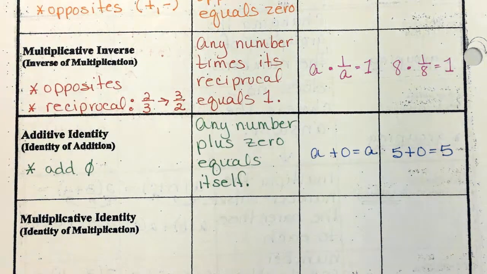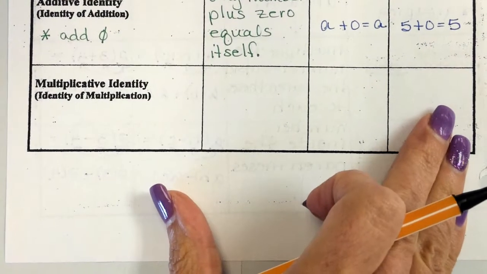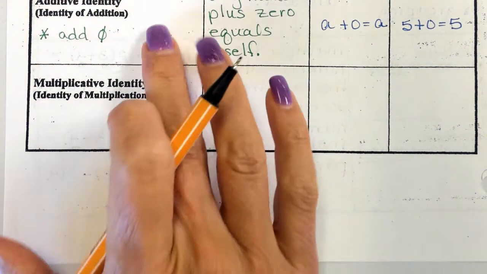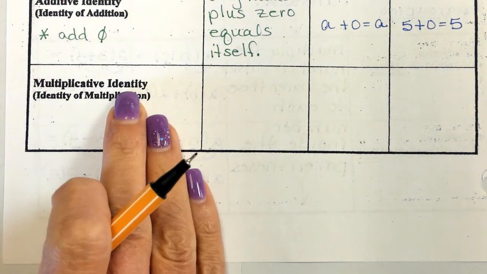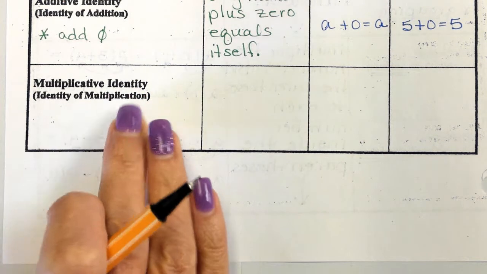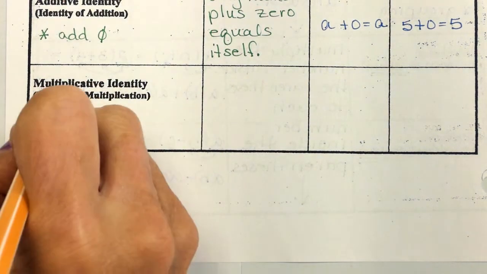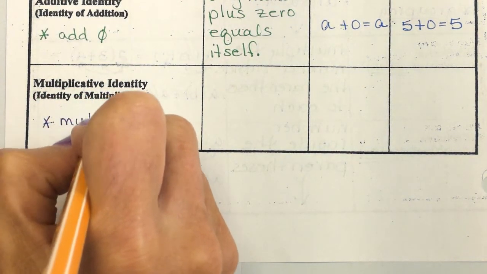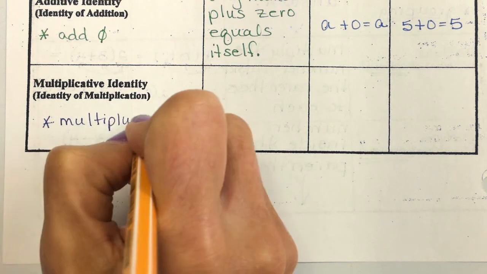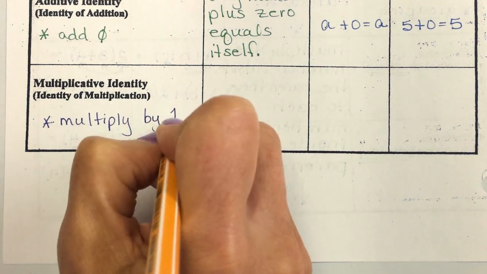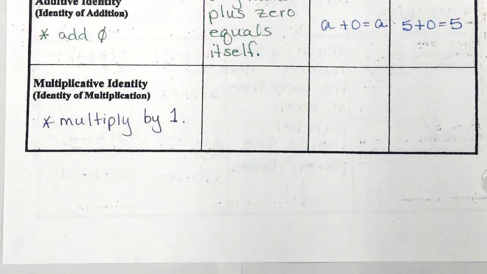Our last property for today is our multiplicative identity. Same concept here, if we don't want the identity to change, what can we multiply by? Well, we can multiply by 1. So anytime we multiply a number by 1, it doesn't change. So that's really where your definition's coming in.